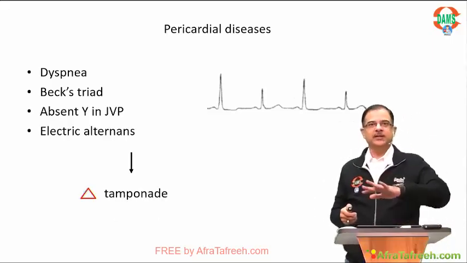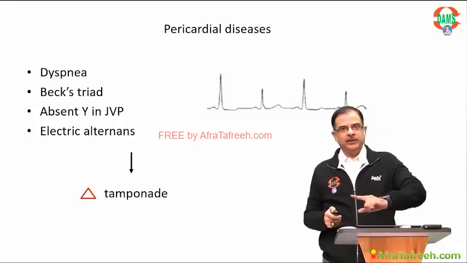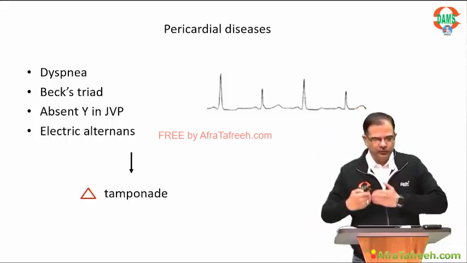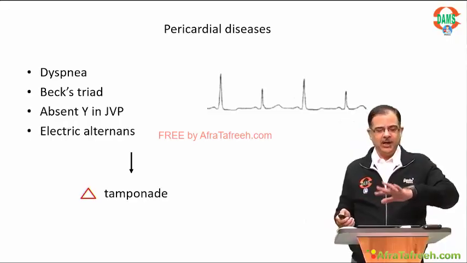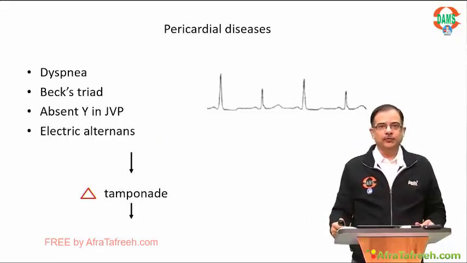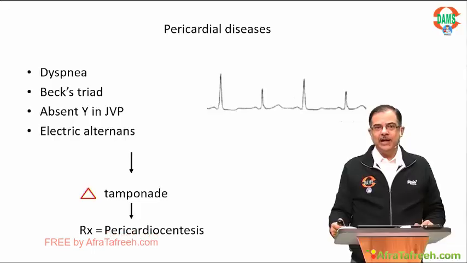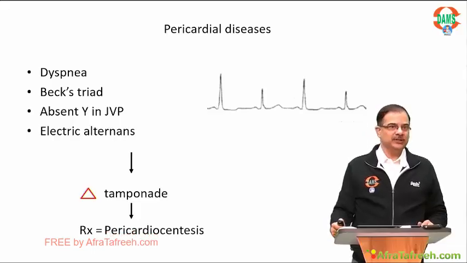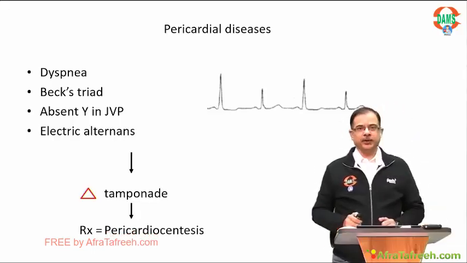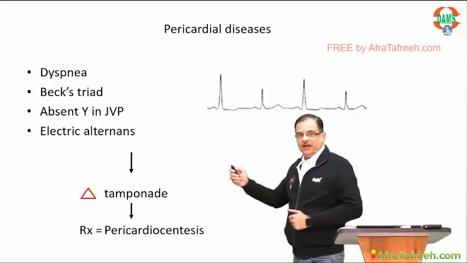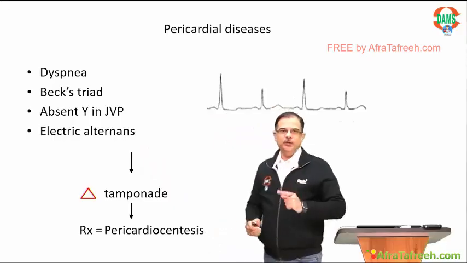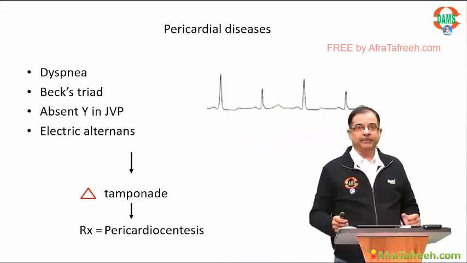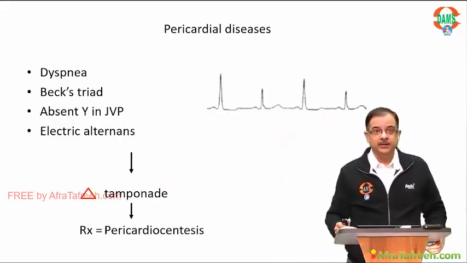So the answer is tamponade. The treatment of tamponade is that you have to remove the fluid from the pericardium immediately under echo guidance. So we go for echo guided pericardiocentesis. And remember this point, electrical alternans is totally different from pulsus alternans.